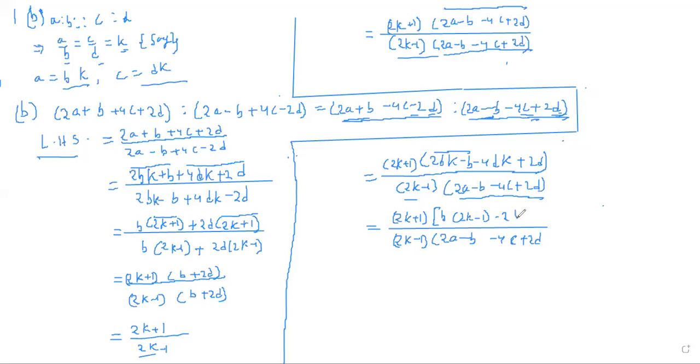So when we take minus 2d common, it is 2k minus 1. And in the numerator now, 2k minus 1 is common. 2k plus 1 is already outside the bracket. 2k minus 1 is common in the bracket into b minus 2d.